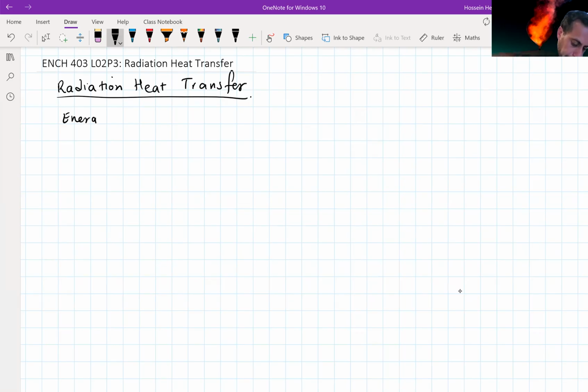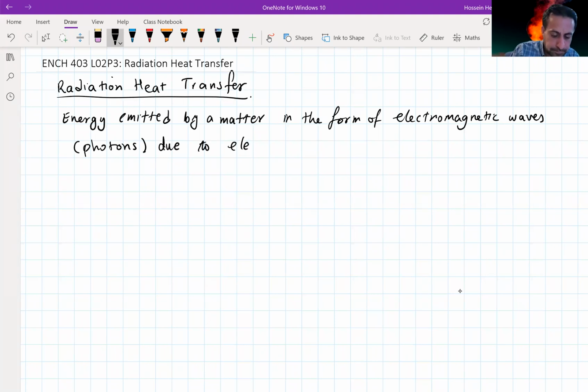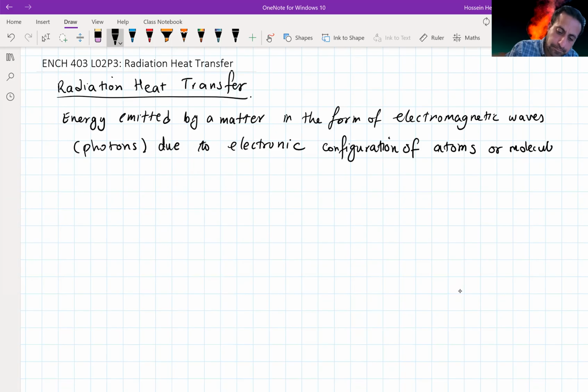So this is the physical reasoning behind having this sort of thermal energy transfer, which is in the form of electromagnetic waves or photons.